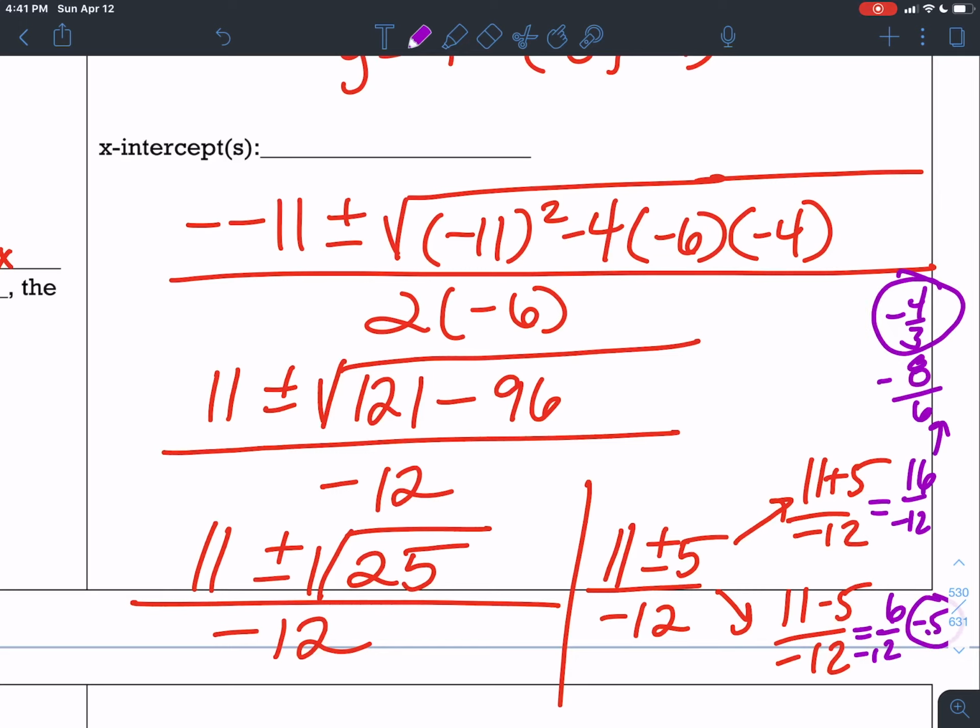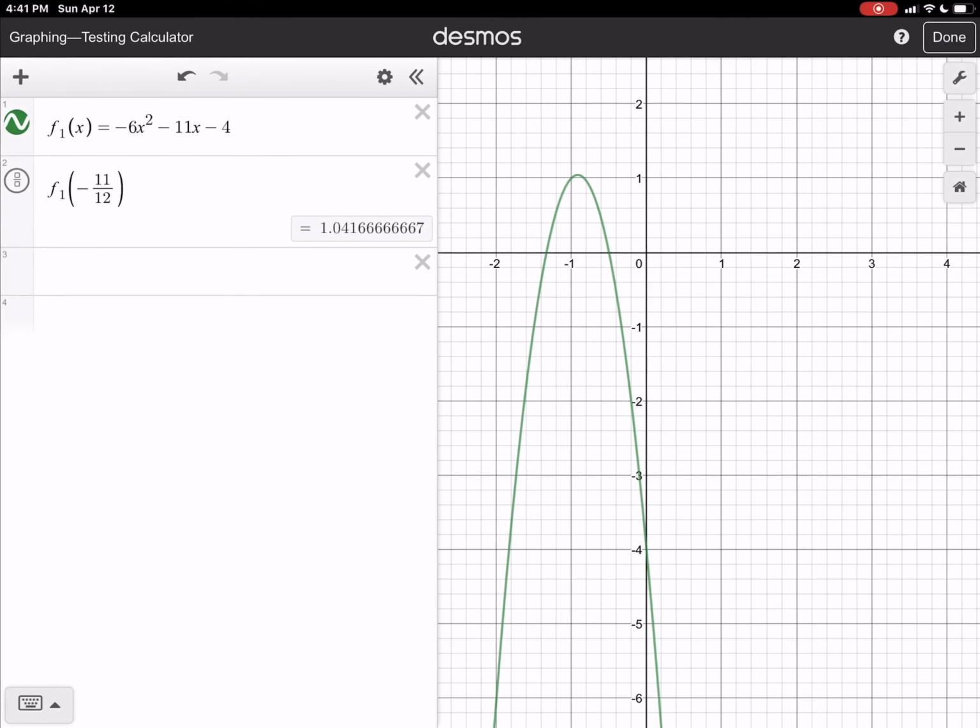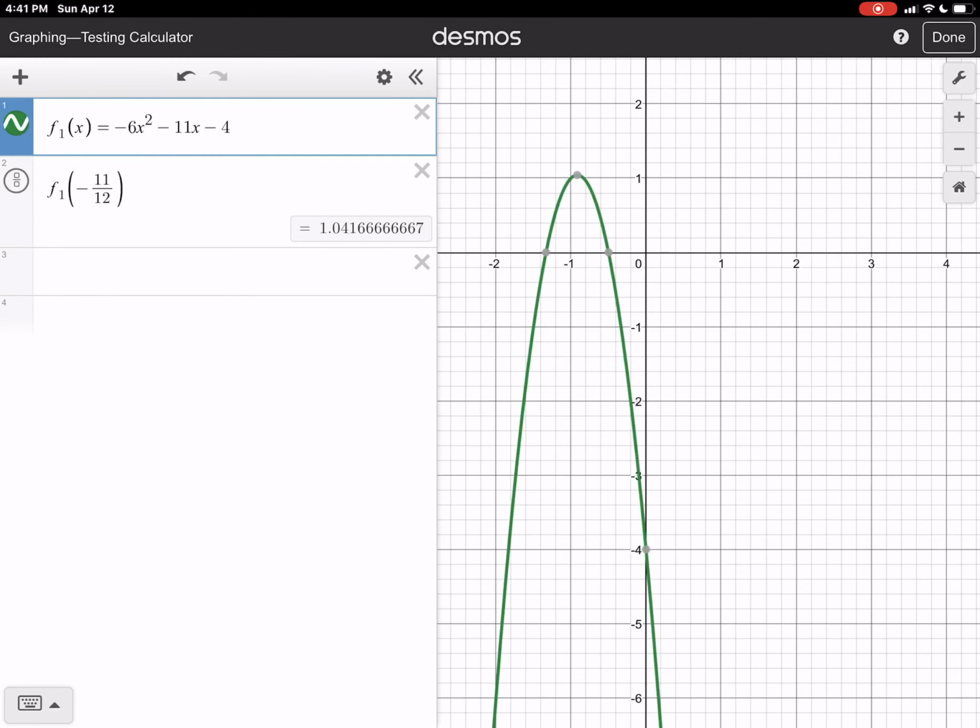So let me verify those. So this would be (negative 4/3, 0) and (negative 1/2, 0). Let's look. Negative 1.33, negative 0.5. Exactly what I was looking for.